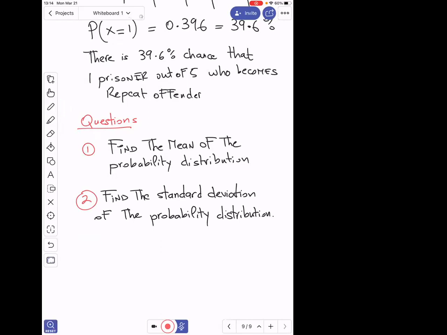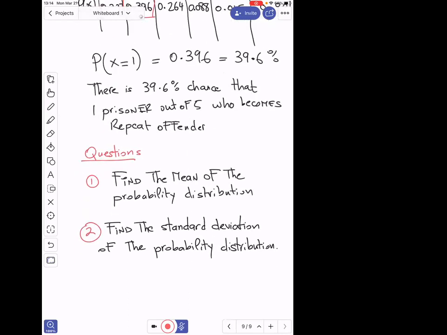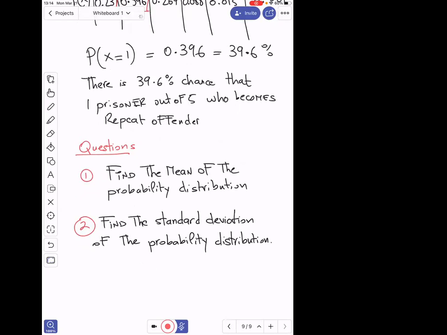So I'm going to give you a couple of minutes, guys. You can at least try to compute number 1, the mean of the probability distribution.